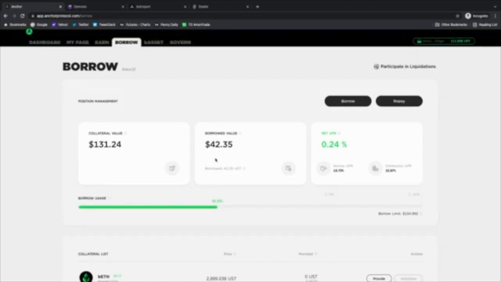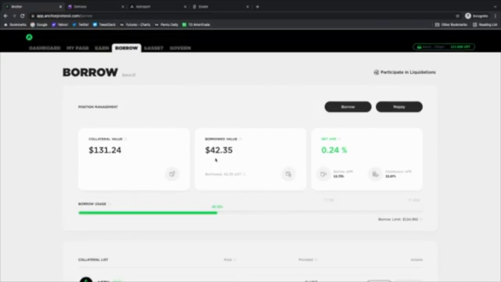So if you don't have an active process to manage your LTV, then what ends up happening is you just end up making a bad trade. And so you don't want to really do that. That's why this looping concept is interesting, but it has to be done with some strategic concept.